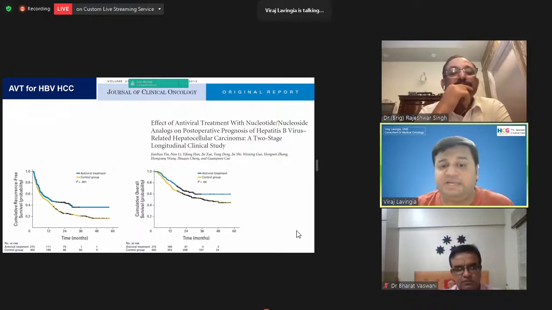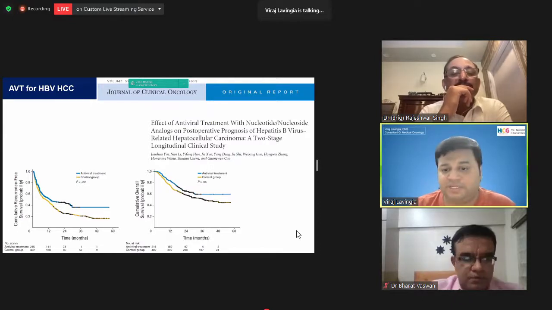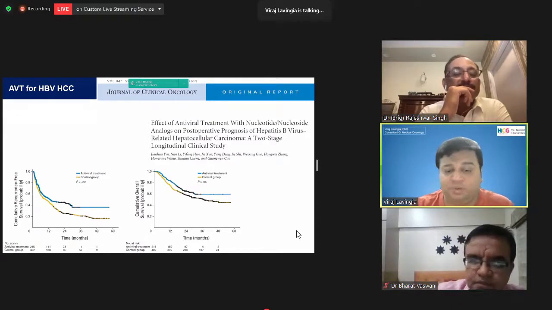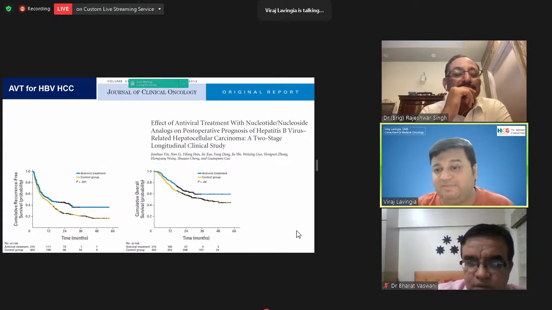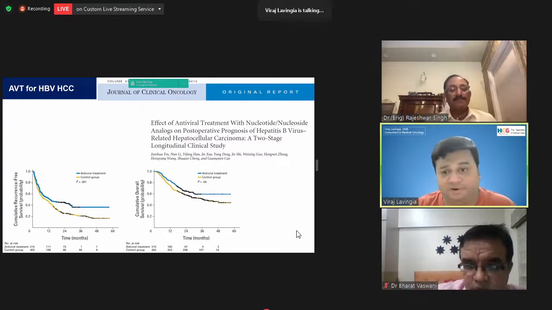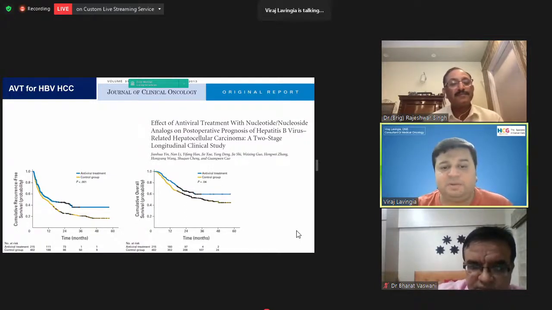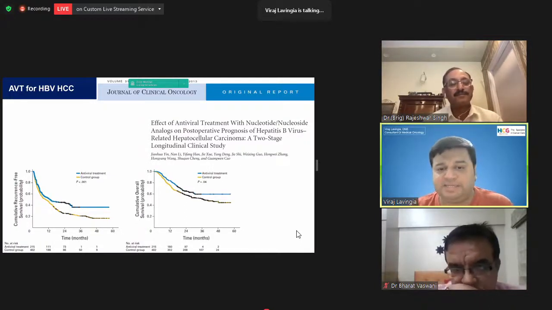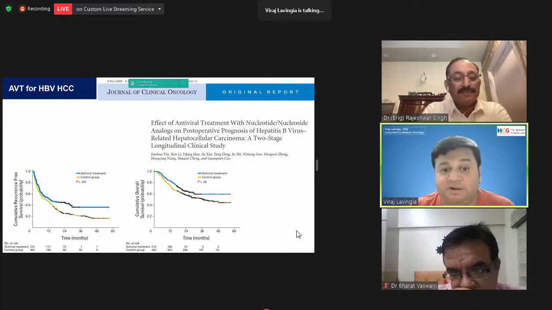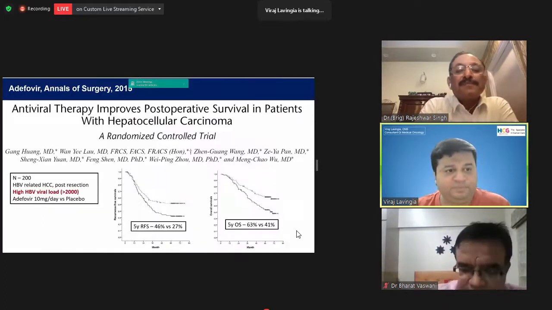We have antiviral therapies like entecavir, lamivudine, tenofovir, and so on. This was presented in JCO about 10 years back: if you give antiviral therapy just after operation versus not, there is improvement in survival, because this probably reduces the type 2 recurrences, which prevents further new HCC.